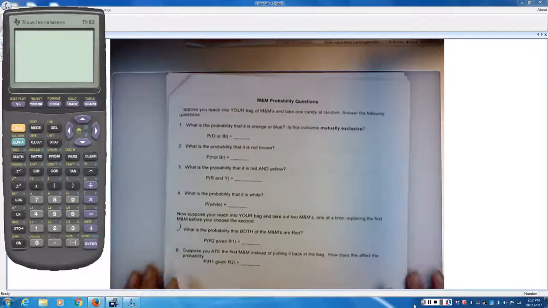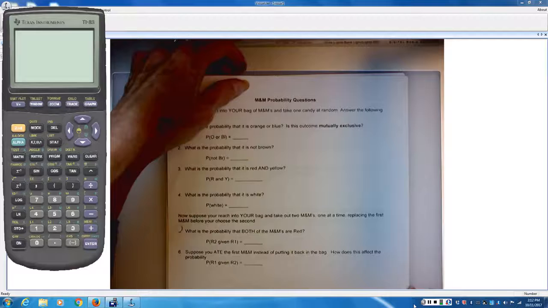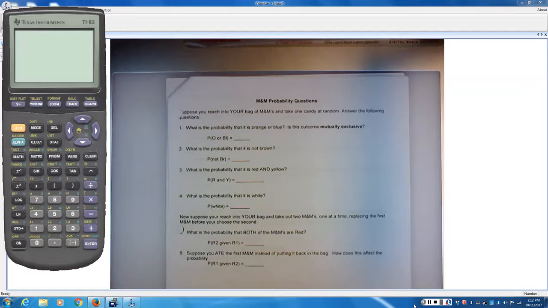So what I want you to do now, keeping all your M&Ms there in front of you so that you can judge how likely and how not likely something is. I'm going to answer this based on my M&Ms, okay? This is based on my M&Ms.